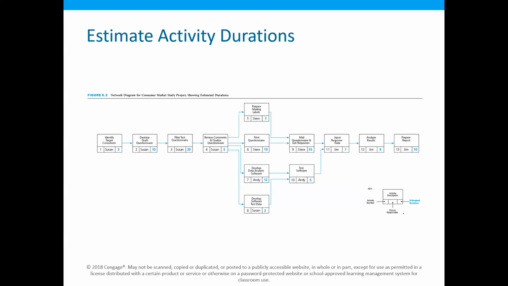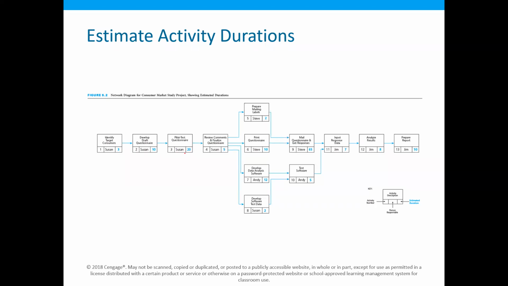Okay, so this is the network, and this is the same example as we did before in the last lecture, in the last topic, for developing the network. And for each of these activities, we need to estimate the duration.